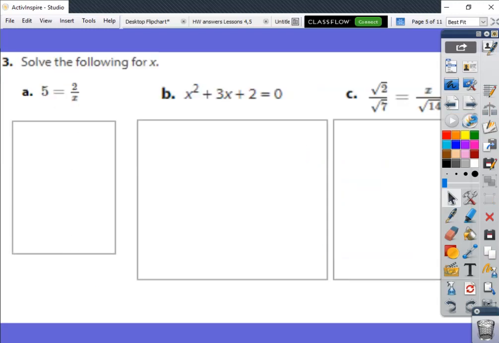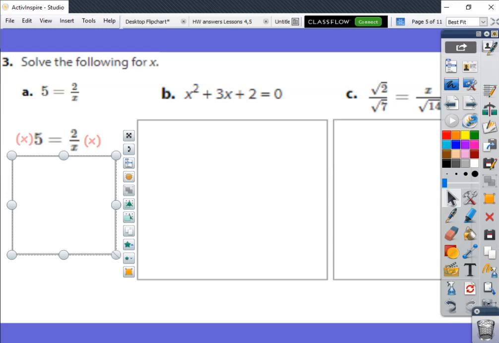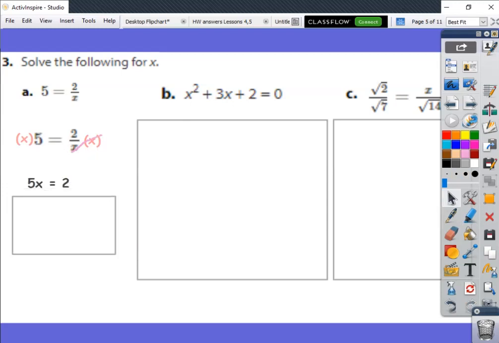Here we go, solving for x, a little bit of review from Algebra 1. In this first case, in order to solve for x, I want to multiply both sides by x so I can get it in the numerator. And then my x's here will cancel out. So I'm left with 5x, rewrite the order here. 5x equals 2.